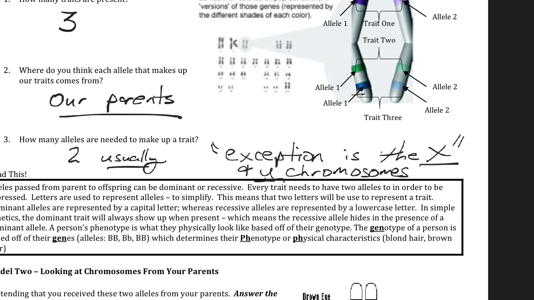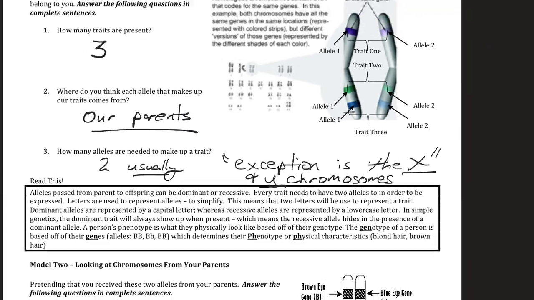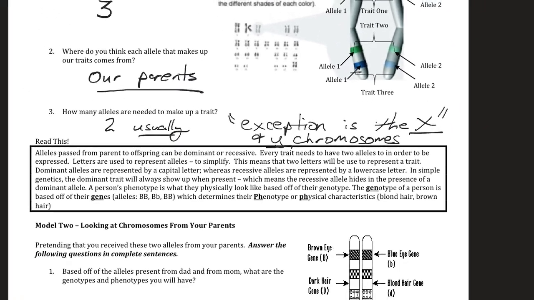They do have two copies, but what they do is they randomly shut off one of the X's. They randomly shut them off by wrapping them up, in every one of their cells. So they only have one functional X. They can't have both X's working because it doesn't work that way.